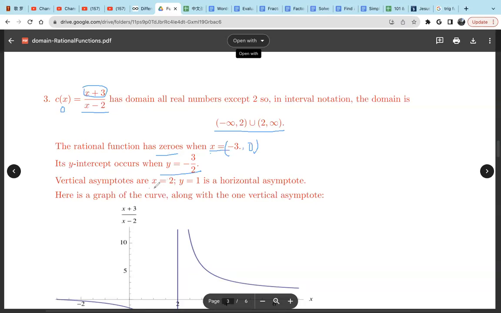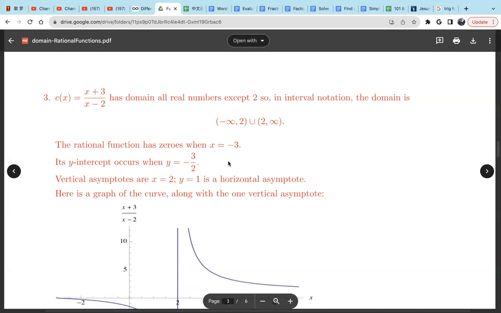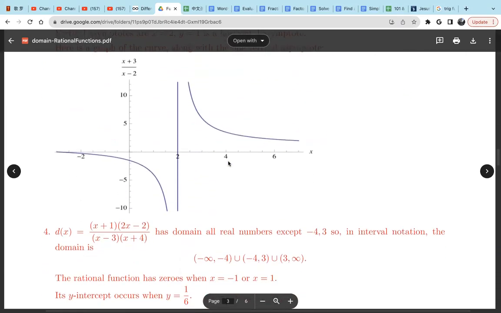Vertical asymptote from the domain, x equals 2. Right, then y equals 1, x divided by x, y equals 1 is a horizontal asymptote. So to graph this according to what we have, we get the following graph.